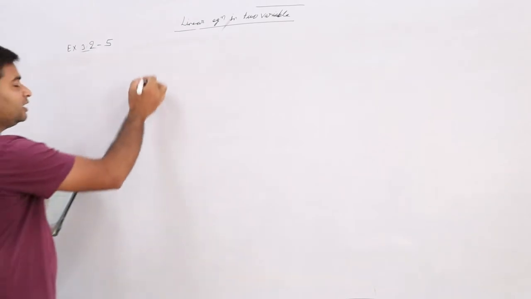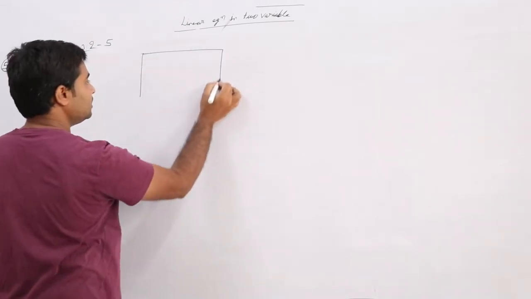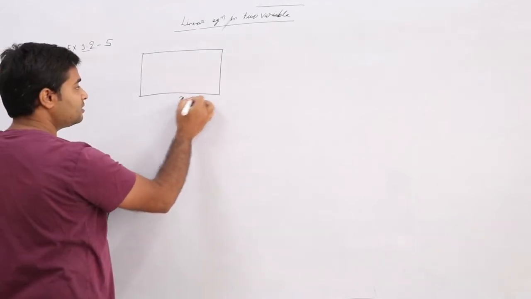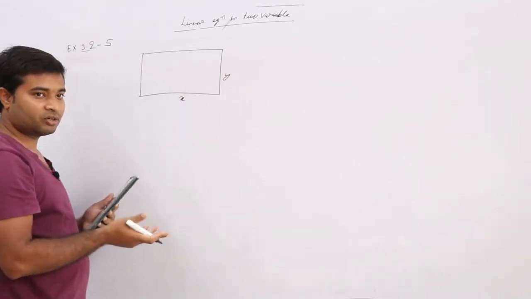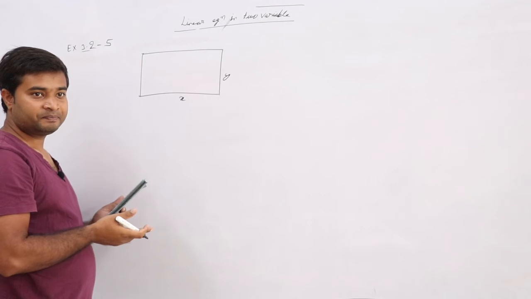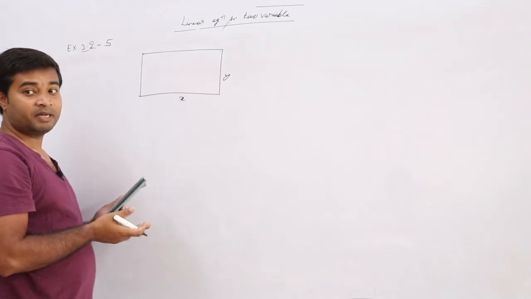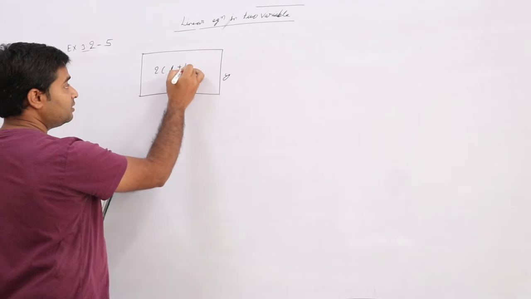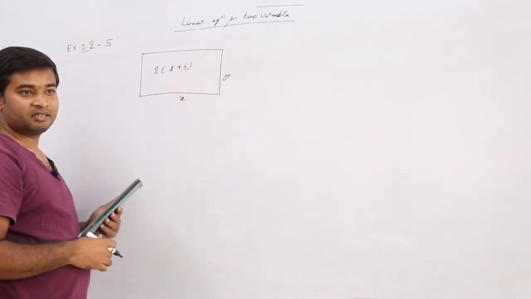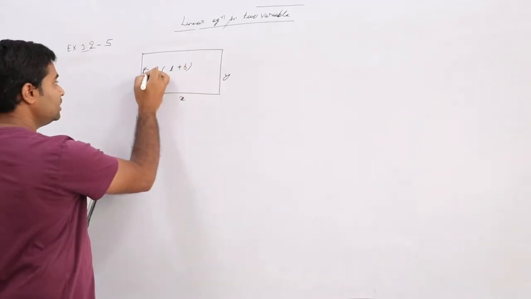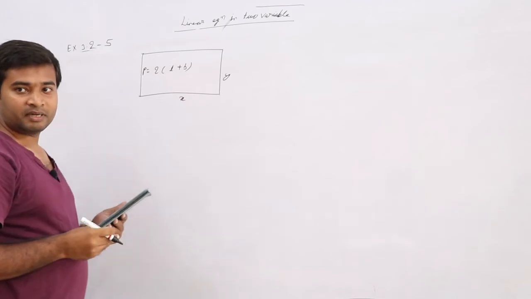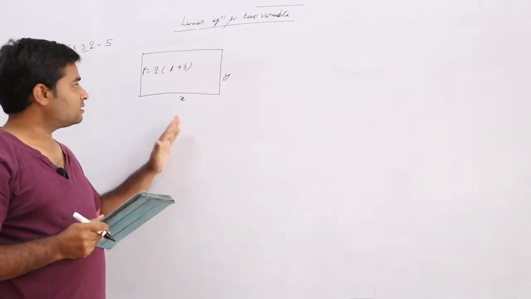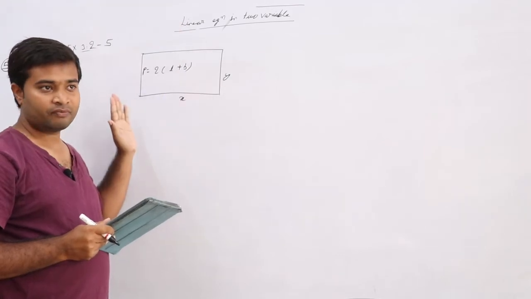So rectangular means like this rectangle. Yes or no? Rectangle. Let length be x, breadth be y. So perimeter will be how much? Perimeter of a rectangle is what? 2 into L plus B. Because for any perimeter you find, that means the sum of all the sides.